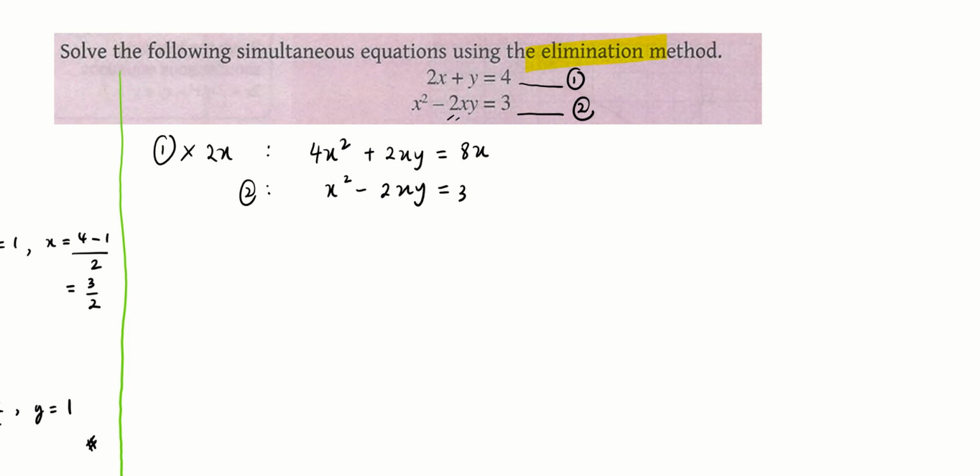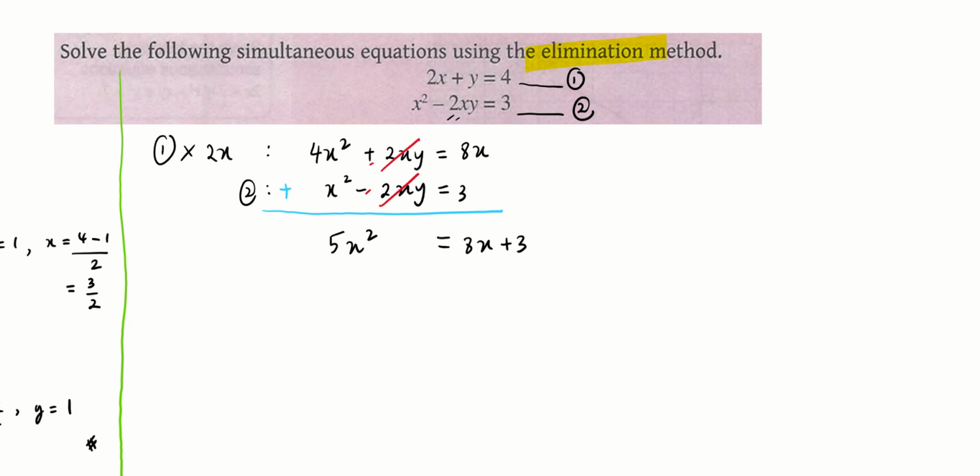I'm going to choose the operation of plus. So 4x squared plus x squared becomes 5x squared. And since the coefficients are the same with opposite signs, we can just eliminate them together. So it is equal to 8x plus 3.